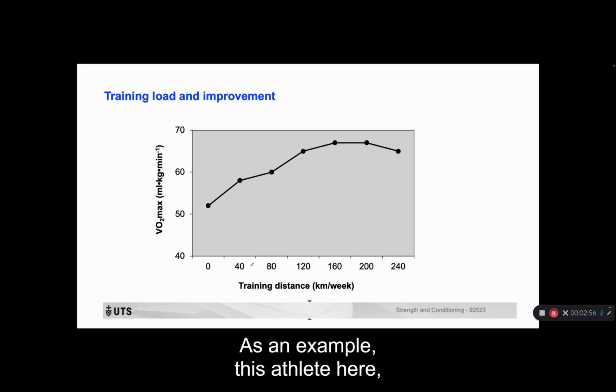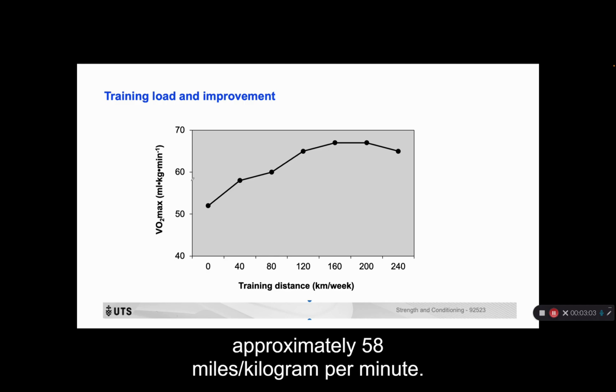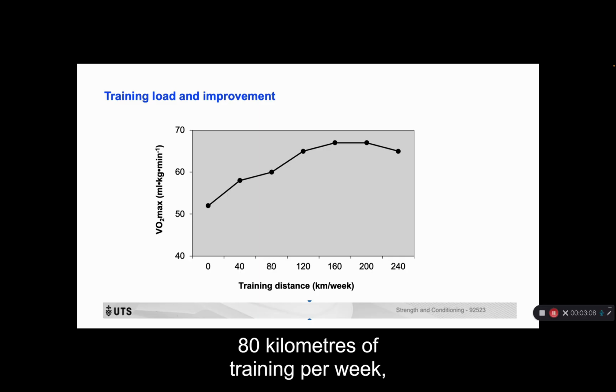So as an example, this athlete here was doing 40 kilometers of training per week and had a VO2 max of approximately 58 mils per kilogram per minute. Then when they started doing 80 kilometers of training per week, they had a slight increase in their VO2 max as a result of that training volume. Then they went to 120 kilometers of training and they had quite a nice improvement.